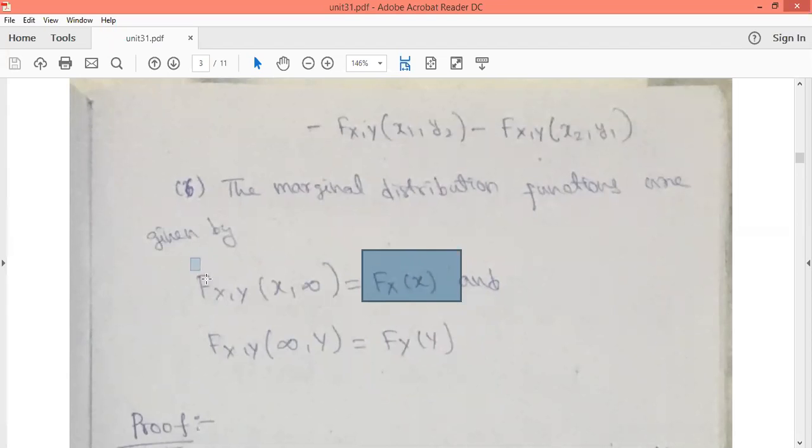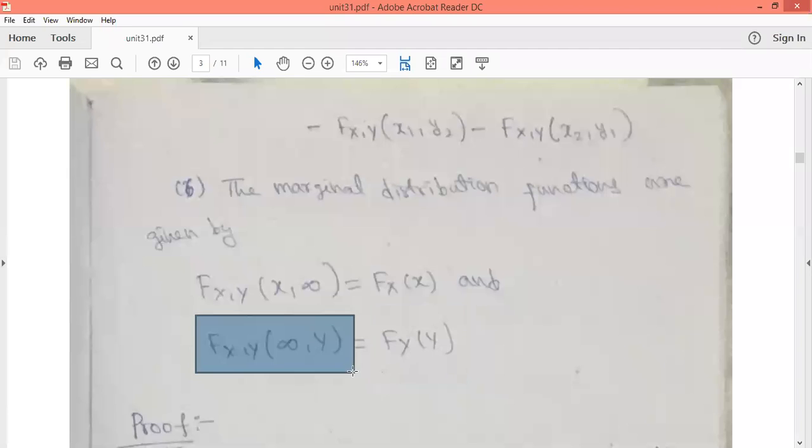So F_XY(x, ∞) is equal to F_X(x), and F_XY(∞, y) is F_Y(y). Here x is infinity, whereas y we are considering, so we are getting F_Y(y). So these are the marginal distribution functions, F_X(x) and F_Y(y). We can obtain marginal distribution functions from the joint distribution function.